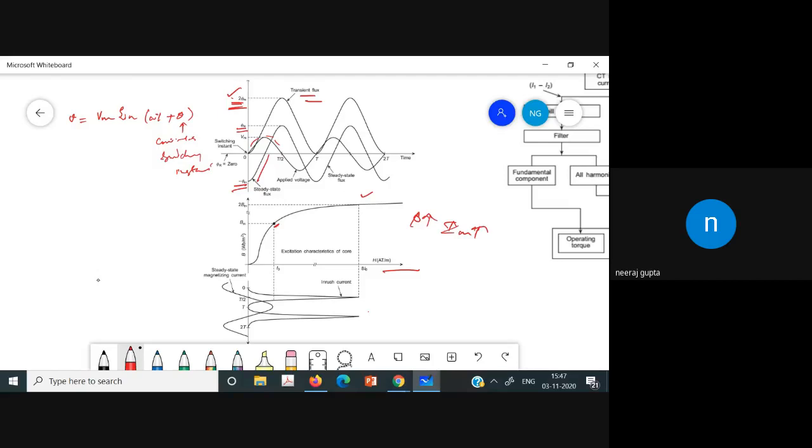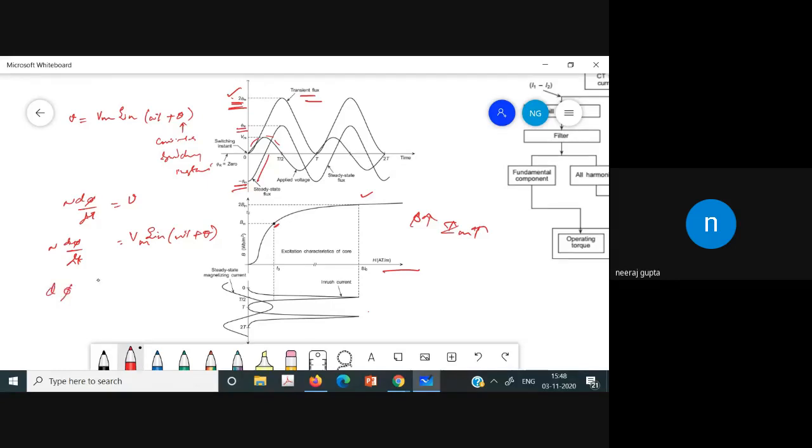Now let us suppose that phi is the instantaneous value of the flux. Then we can write N d phi by dt equals V, as we have discussed in the previous expression. So N d phi by dt equals Vm sine of omega t plus theta.